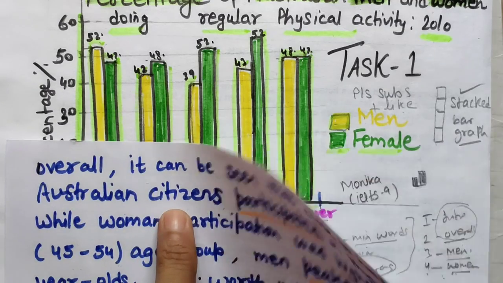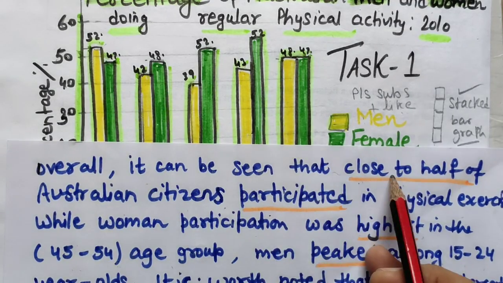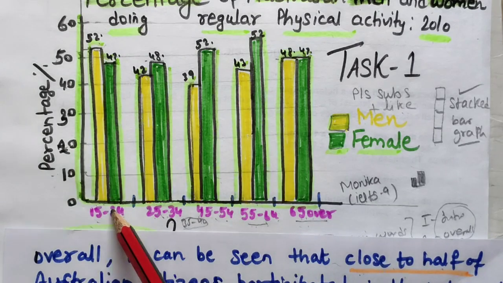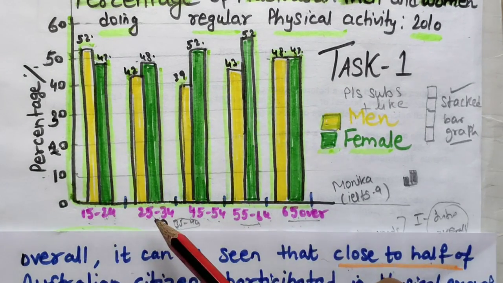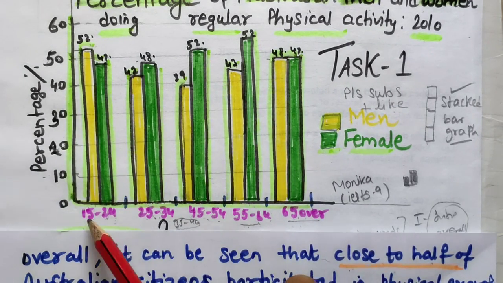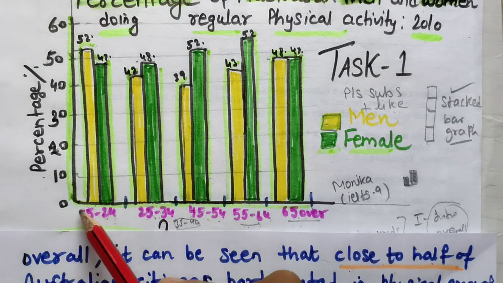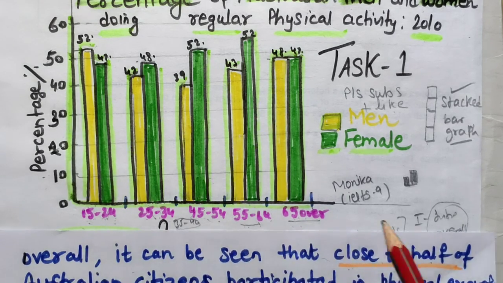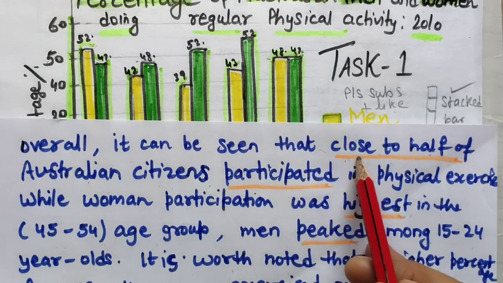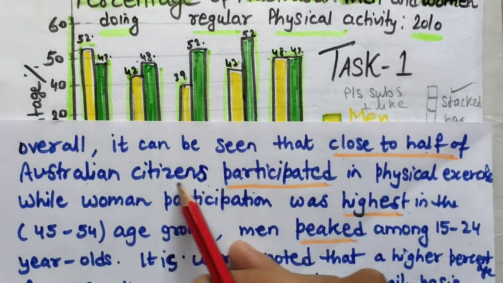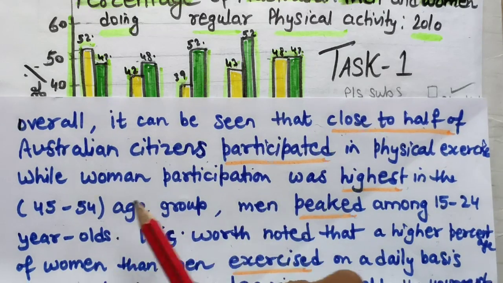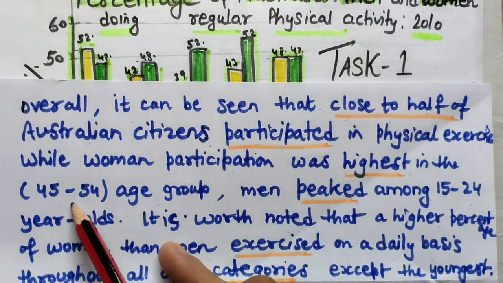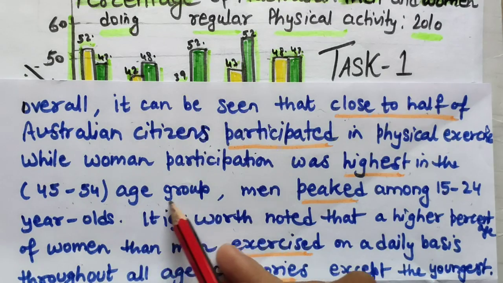Overall, it can be seen that close to half of Australian citizens participate in physical exercise. Close to half means before 15 it is all teenagers, younger ones or school going children, and after that every age group is included. Women's participation was highest in the 45 to 54 age group.